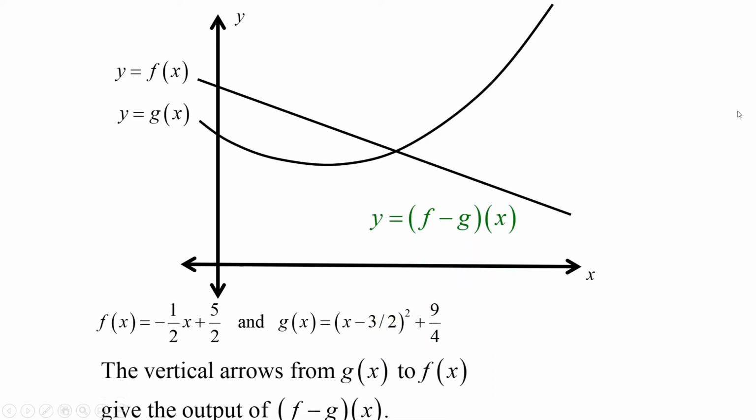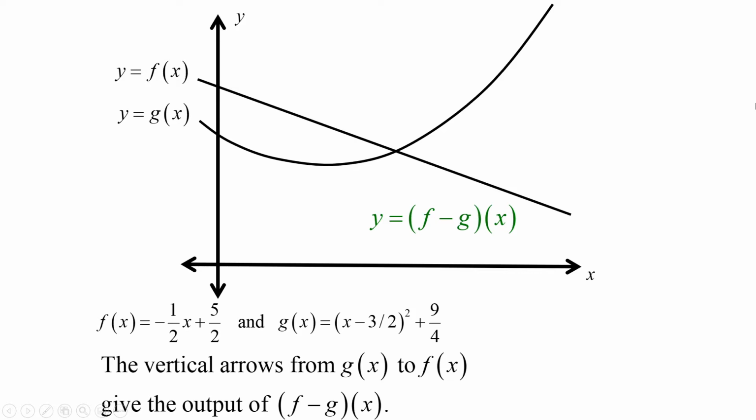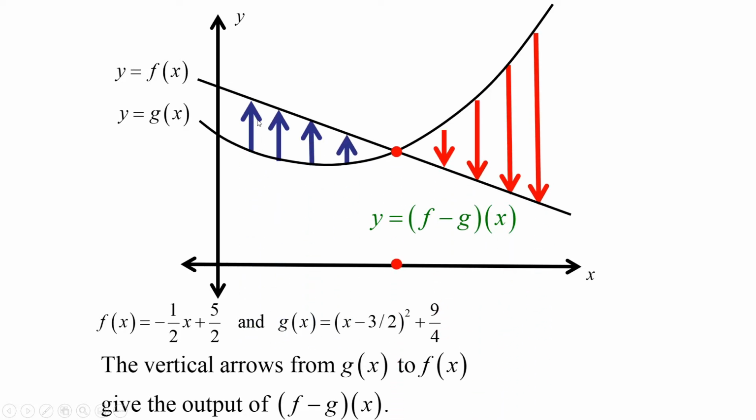So f minus g would look like this. The vertical arrows from g of x to f of x, because this is the difference of f and g. And these would be positive values, and these would be negative values. And there, that's 0. There's nothing there, no magnitude there.